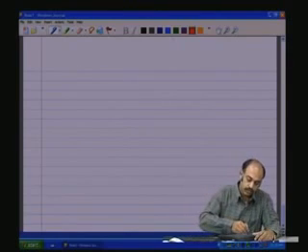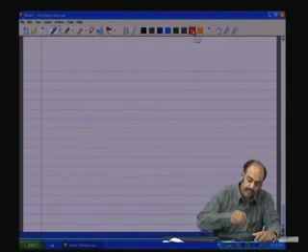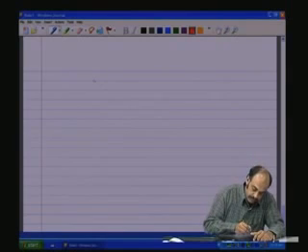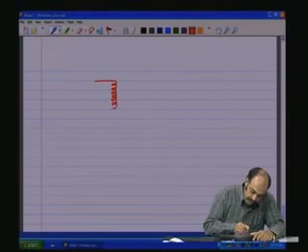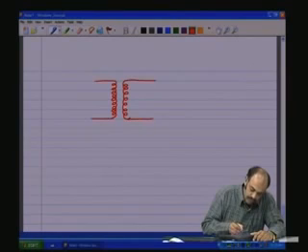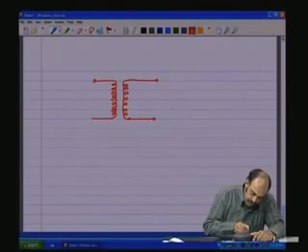Now, to complete the symbolic representation of the transformer in electric circuits, there is one more item that we need to add. We have the primary winding, secondary winding. They have two terminals here, we have two terminals here.